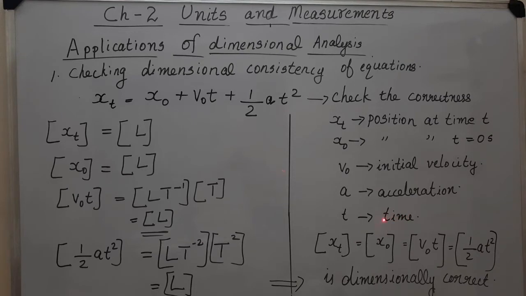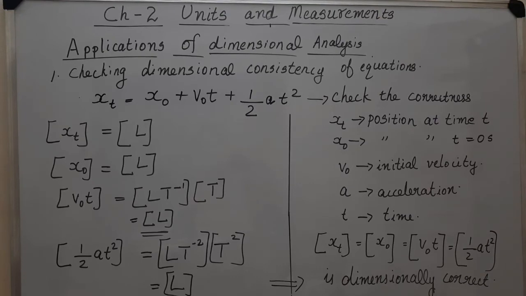Now we are checking the correctness of this equation. According to the principle of homogeneity of dimensions, the equation is correct only if all the terms on the left hand side and on the right hand side have the same dimensional expression. So that's what we are checking.